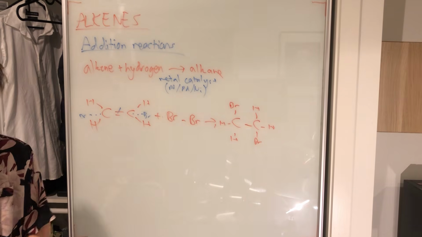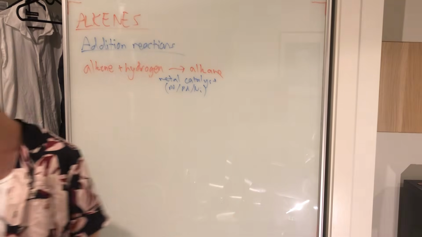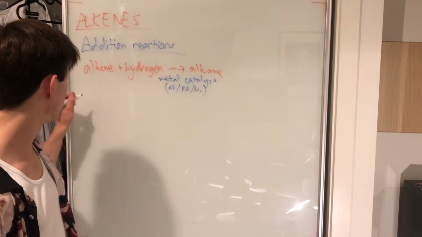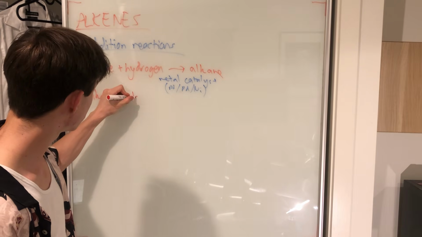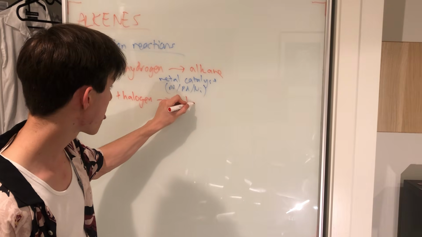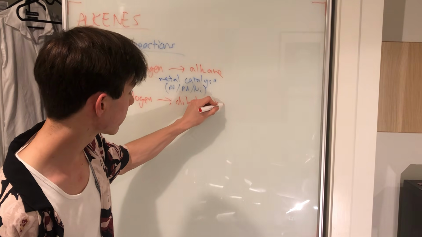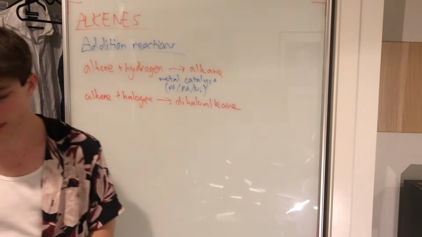So yeah, let's write that one down. That is alkene plus halogen gives dihaloalkane. No conditions.